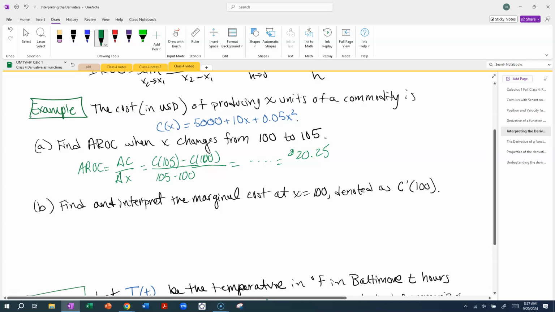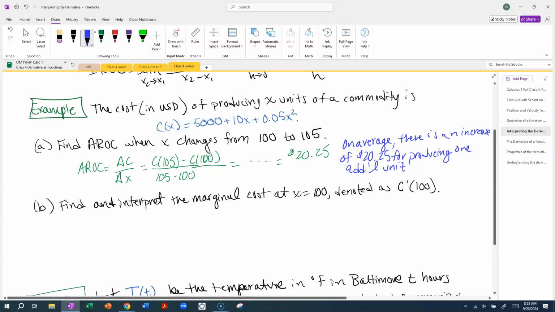Okay, and so what this is saying in words is that on average, there is an increase of $20.25 for producing one additional unit, because there is a denominator of 1 here, for producing one additional unit.